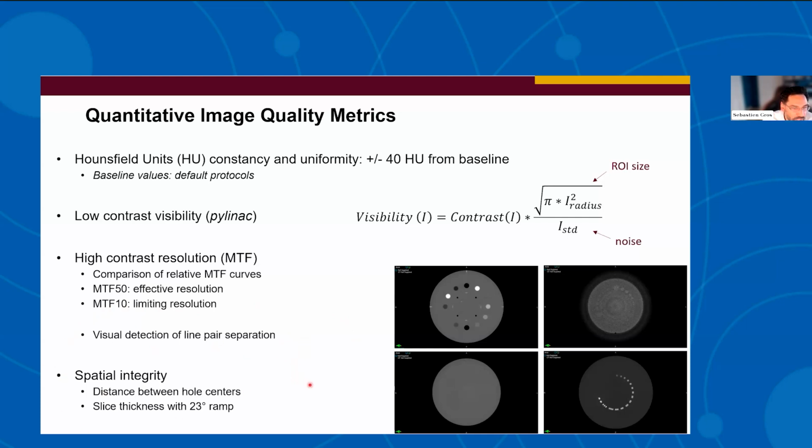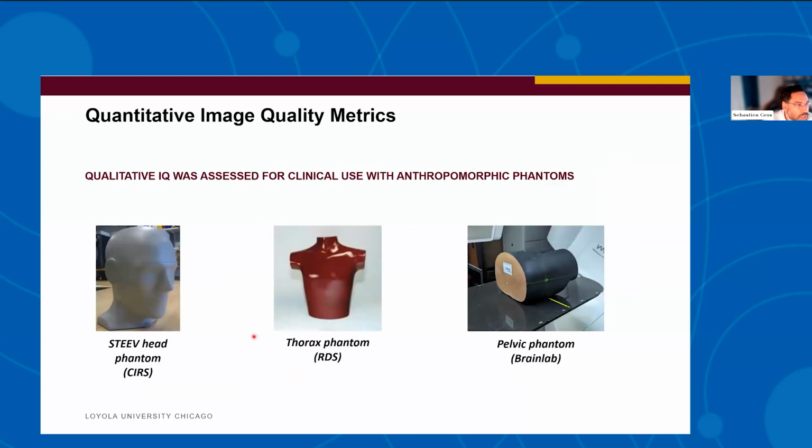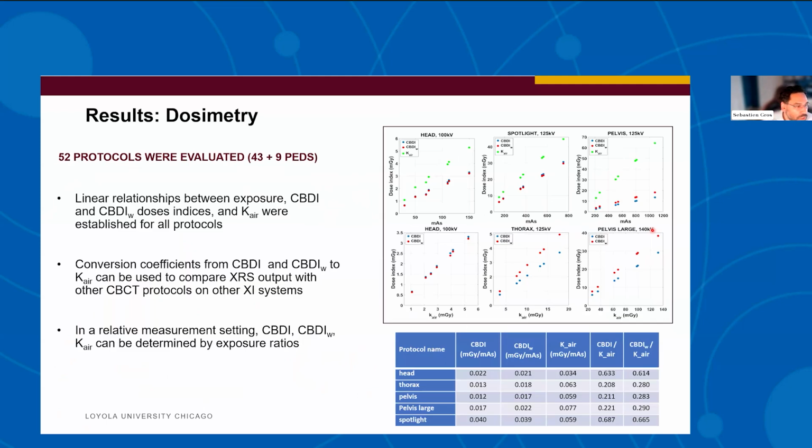And then spatial integrity, I mentioned the holes and the 23-degree ramps. For quantitative image quality metrics, these are the phantoms I found in our cabinet. We have a head phantom, a thorax phantom, and a pelvic phantom.